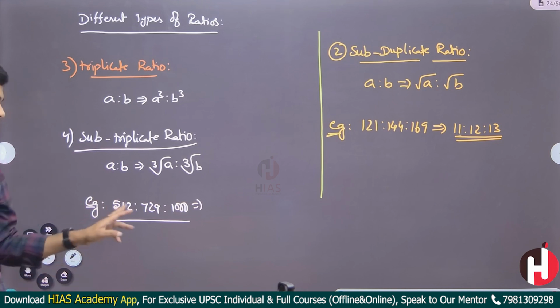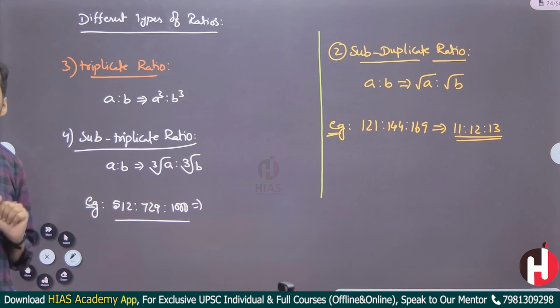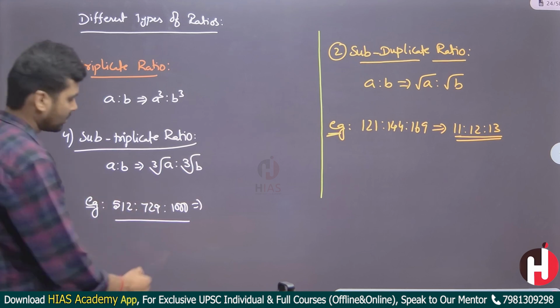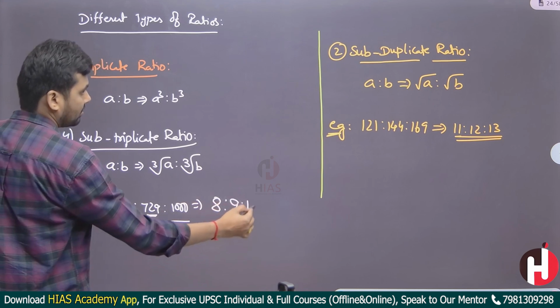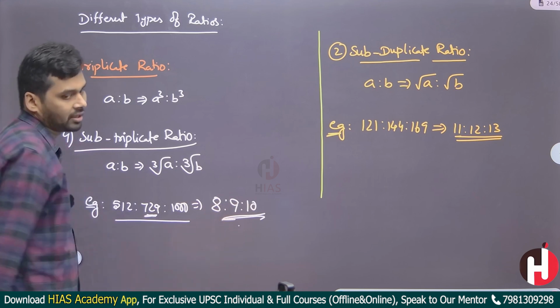Take the cube root. 512 is the cube of which number? 8. 729? 9. 1000? So the answer is 8 is to 9 is to 10.